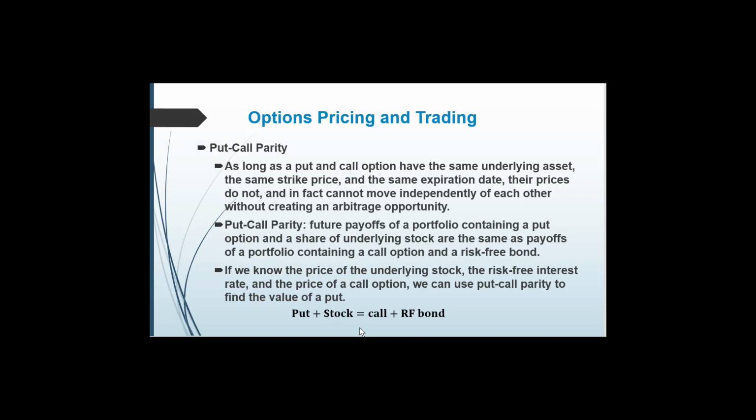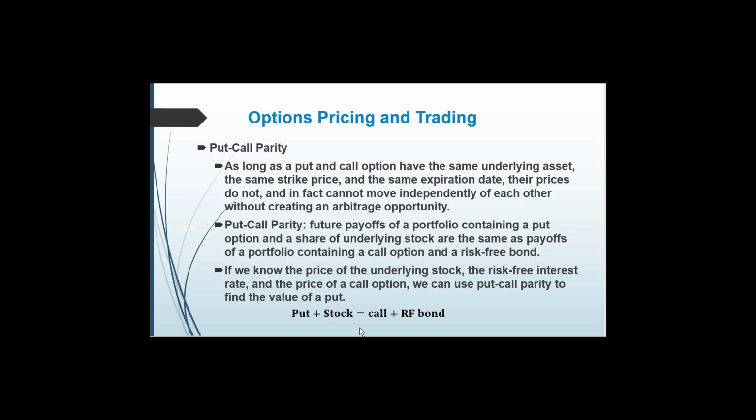So if this concept holds, and it does hold in reality, then we have this construct, this formula, that we can utilize to solve for values of securities, or we can create a security without actually buying the security, right?